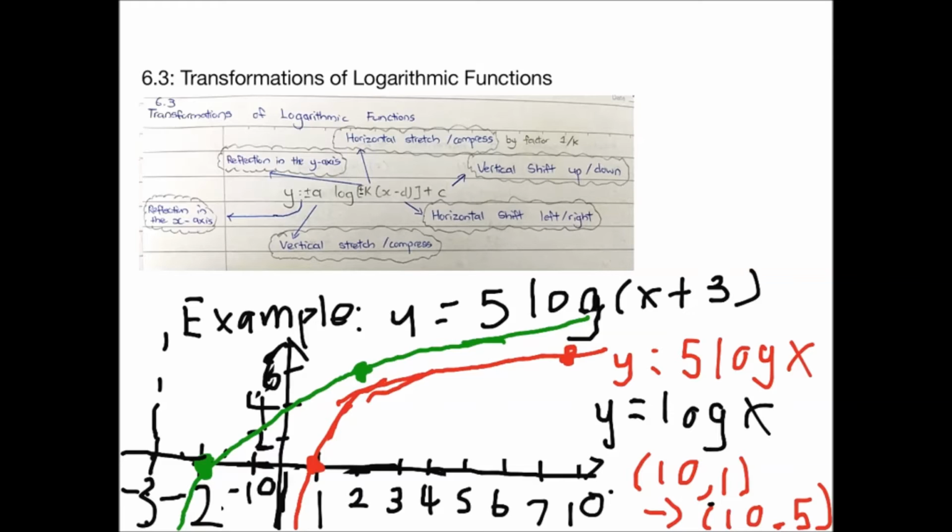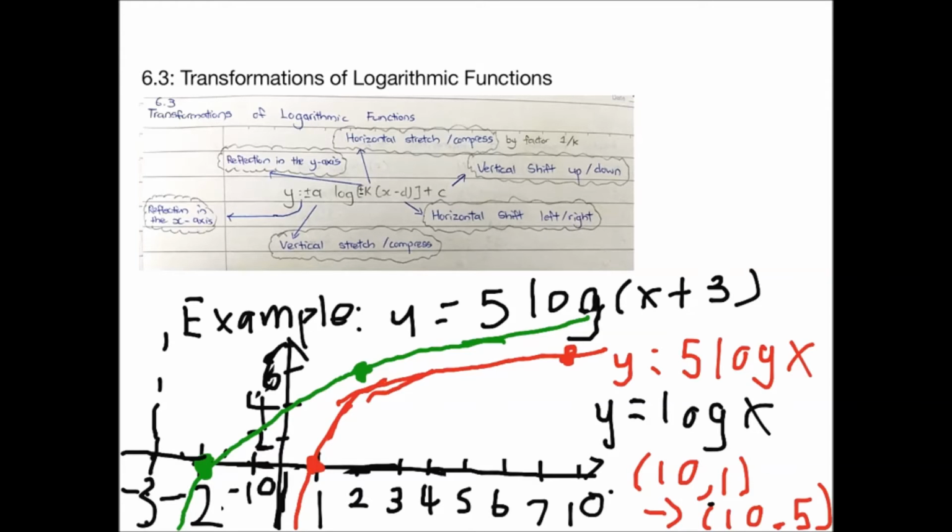And then the 10, 5 will shift to 7 and 5. As well, the vertical asymptote will shift 3 units to the left, which will be 0 to negative 3. Now, this is the rough sketch for the example y equals to 5 log bracket x plus 3.